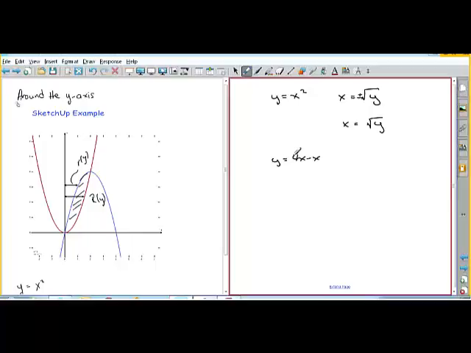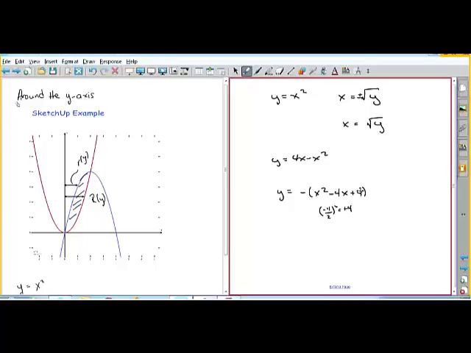The second one was y equals 4x minus x squared. To solve for x, we'd have to use completing the square. What I would do is factor out a negative sign, just because I can't handle factoring things with a negative coefficient on x squared. Then you take negative 4, divide by 2, and square it, which would be positive 4.